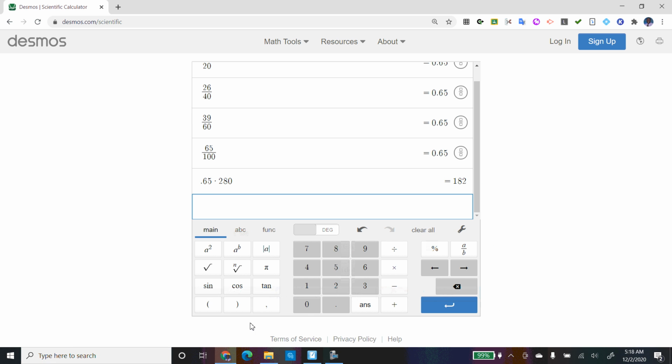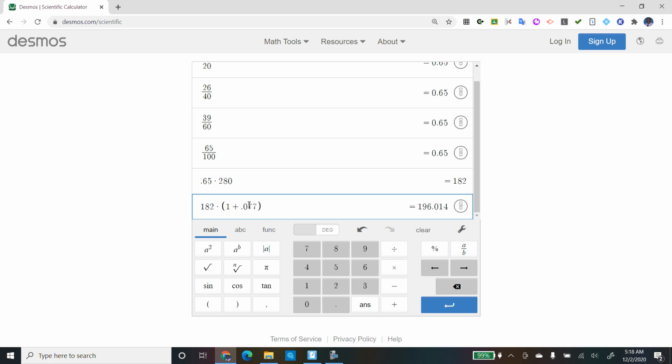So let's get to that. $182 times parenthesis 1 plus 0.077, because I don't want to see the percent sign there.